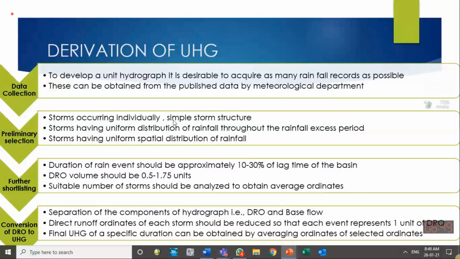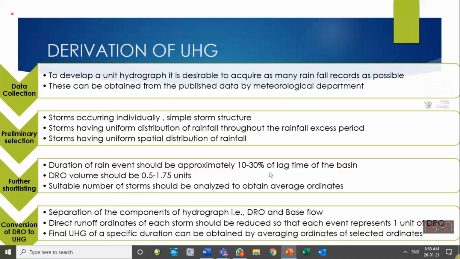Individually occurring storms with a simple structure should be selected. Storms having uniform distribution of rainfall should be taken, those which cover the whole catchment or the whole basin, with more or less the same uniform spatial distribution. That should not be a locally located storm.